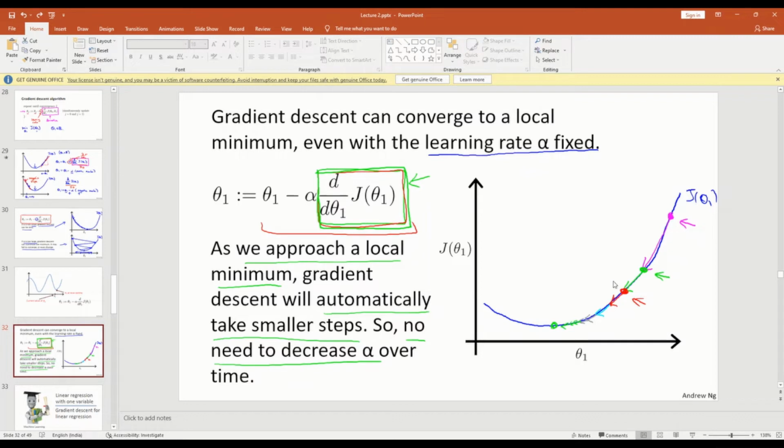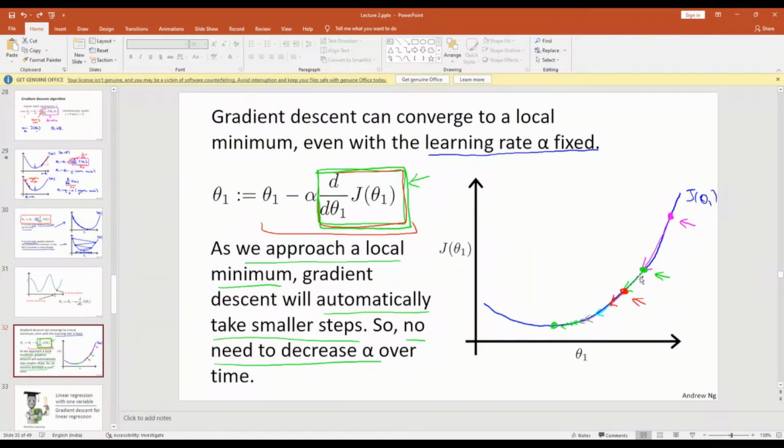So this derivative value is automatically decreasing, hence automatically you are taking smaller and smaller steps, right? So there is no need to decrease your alpha over time, because over time it is already decreasing the baby step. But yes, if you keep alpha so big that in the first step it overshoots the optimum level, then obviously it will create an issue, right?